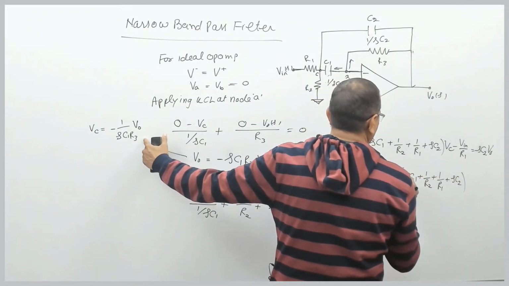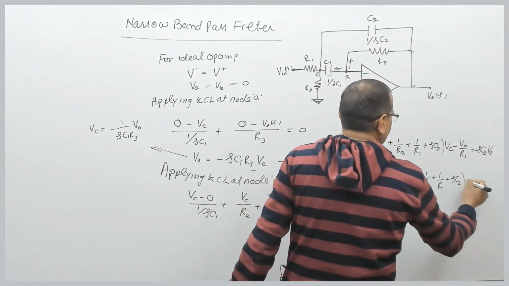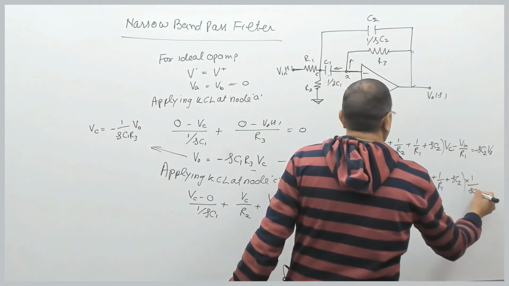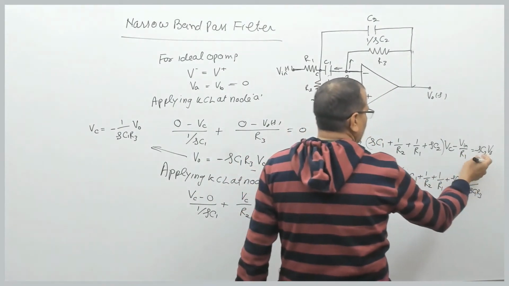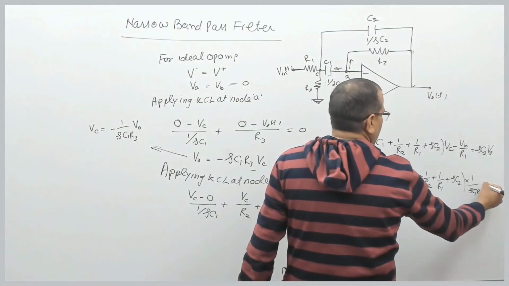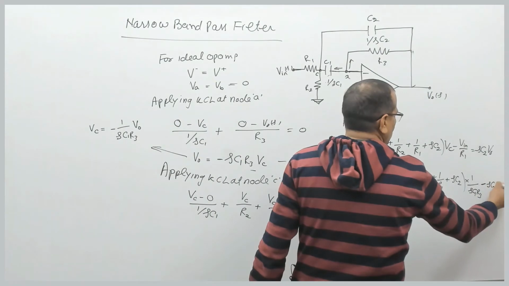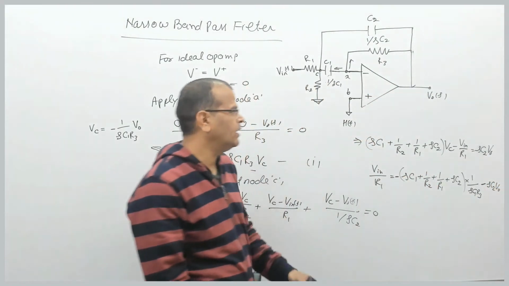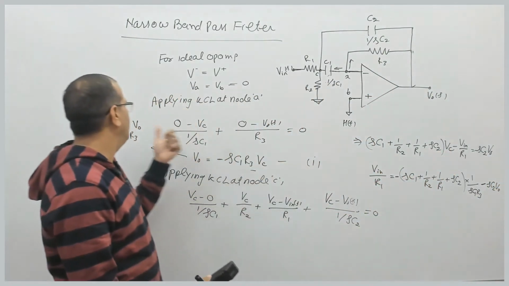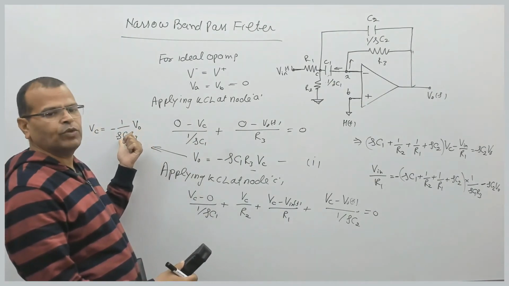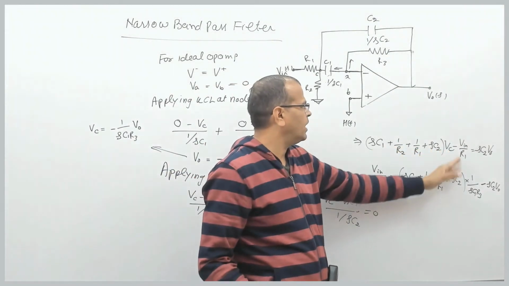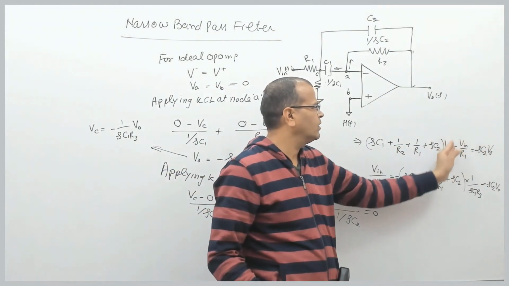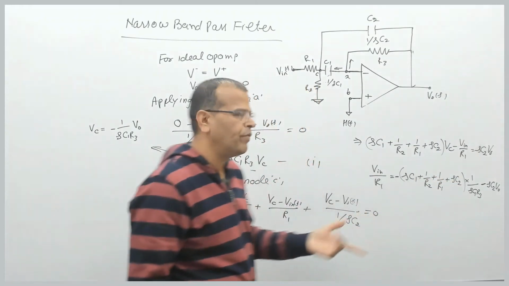So I can write minus sign outside into 1 by SC1 R3, and you can take this voltage this side. So minus of what? Minus of SC2 V0. What I did, I have replaced VC by this voltage, right? That is 1 by SC1 R3. I have taken this on right hand side, I have taken this on left hand side, and just some modification, right?